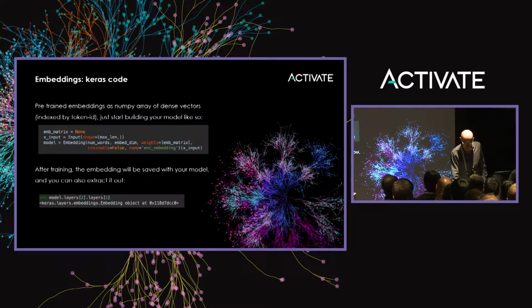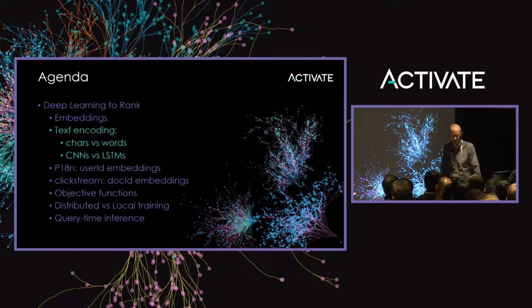Okay, so embeddings are super useful as a component in a deep learning to rank style environment. But I should have talked about, in some ways both before and after that, that's why it could have gone either direction, text encoding. So we've got text that comes in, and it's going to be a big string, right? That's what your input is.